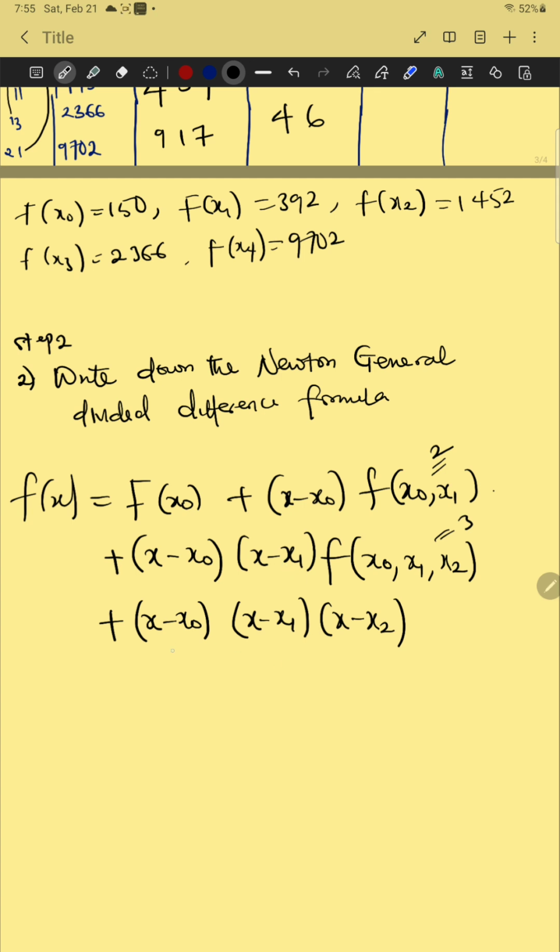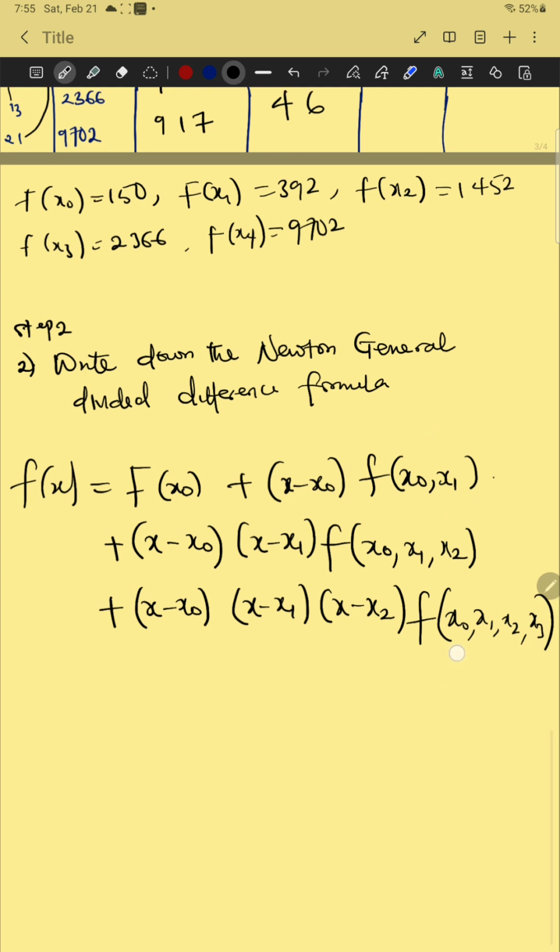In my third line I said x minus x naught, x minus x1, x minus x2. 3 stories. So when I get to the third line, I will call out how many intervals? 4 intervals. F of x naught, x1, x2, x3. Did you see that? Here I call 2 intervals, here I call 3 intervals, here I call 4 intervals. That is the formula, the Newton general divided difference formula.